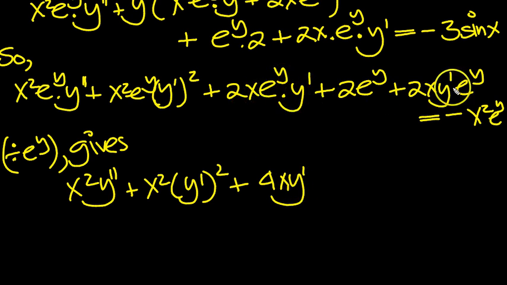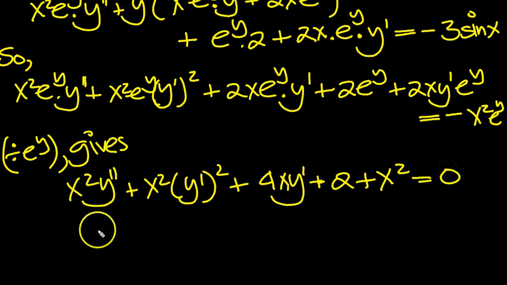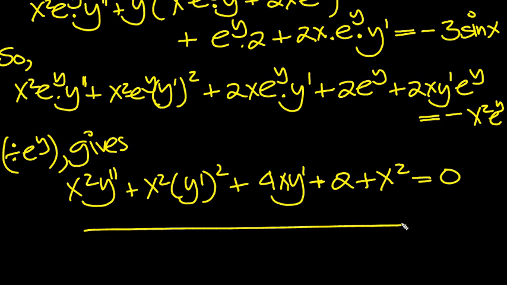That's right, and the e to the y's go. Then we've got plus a 2, and then move this x squared over to become plus x squared equals 0. And in essence, that's what we wanted. Just need to swap around these two terms, but that's trivial, so we can leave it as done.